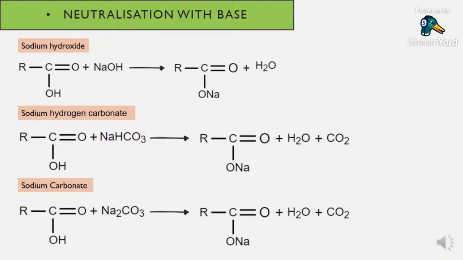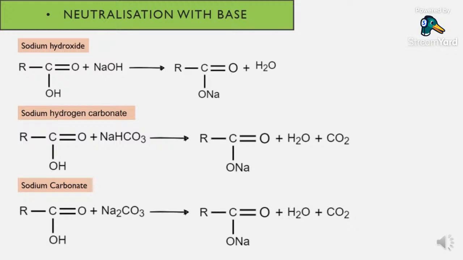And the last one is neutralization with bases. During SPM, we already learned neutralization involves acid plus bases, and the product is salt plus water. So here we have the acid, which is carboxylic acid.